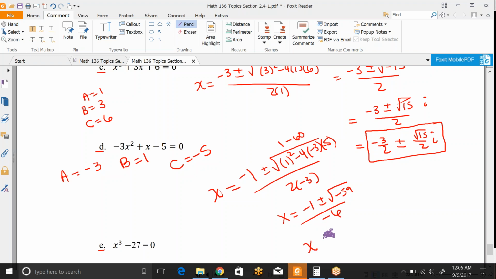And we have an i to pull out, so that's negative 1 plus or minus the square root of 59 times i, all over negative 6, and we would split that, remember, into two separate cases.